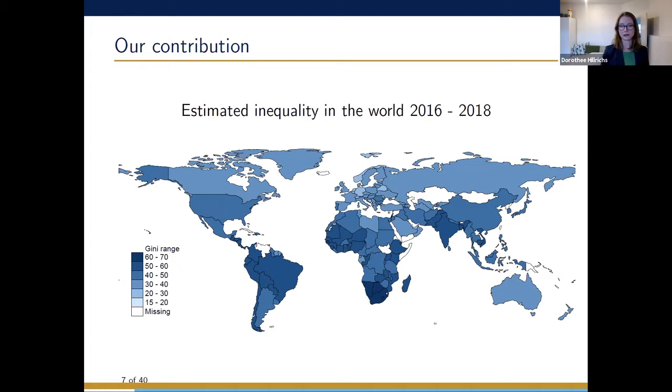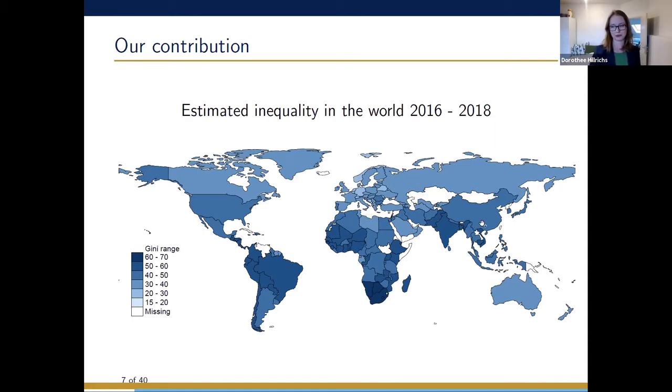Our contribution is then to fill the map. And here I show you our estimates for the last sample period. We're going to use 3-year time periods. 2016 until 2018 is our last period in the sample. And you can see that we can fill many, many blanks. Some are remaining, not because of our methodology, but because other data is missing that we would need for those countries.